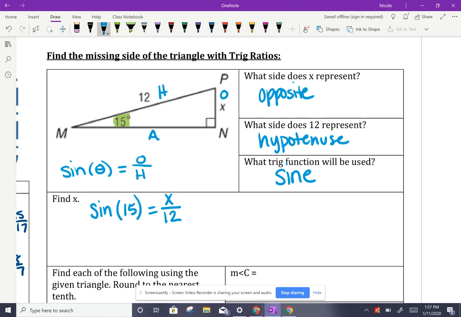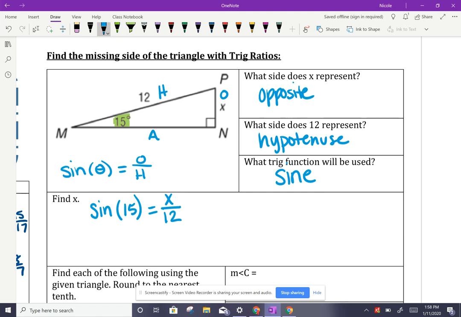So in order to type this into the calculator, we need to make this one expression with X on one side, what we're trying to solve, and everything else on the other side. Just like if you were doing 5 plus 2 plus X equals 12, I can't type it into the calculator like that. I need X on one side and all of the numbers on the other side.